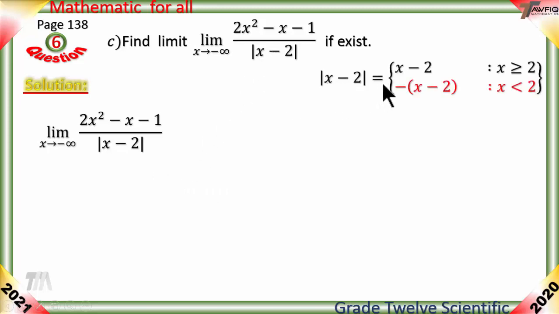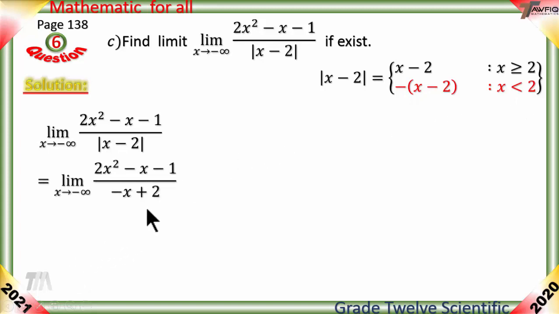Absolute value of x minus 2 is equal to x minus 2 when x is bigger than or equal to 2, and it's equal to minus (x minus 2) when x is less than 2. Because x approaches negative infinity, x is less than 2. So we take the second part, minus (x minus 2).